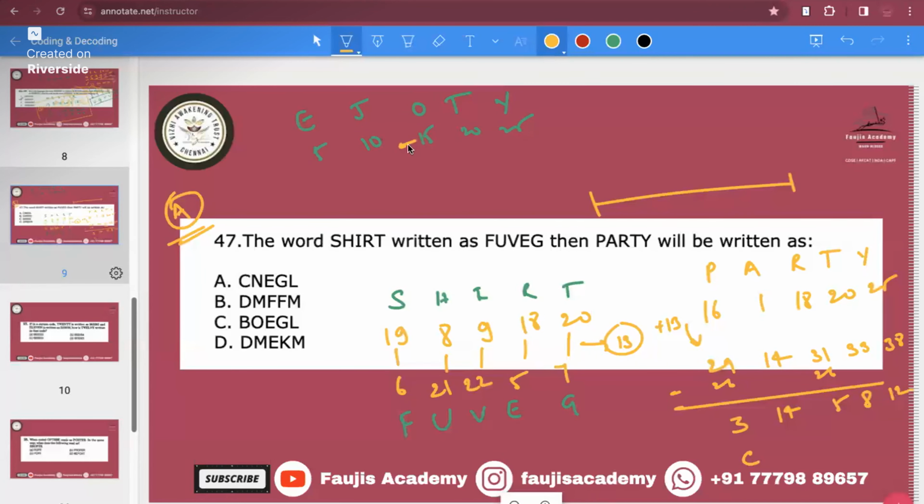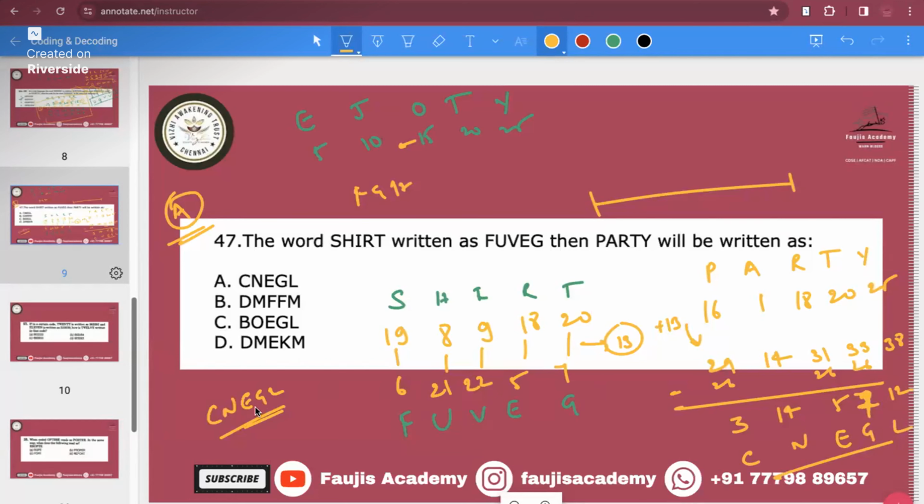Just behind this one, M, N, O. 5 is E, F, G, H, and J, K, L. 8 is H, right? If you do it like this, it will become 7, not 8. So what is the answer? C, N, E, G, L.